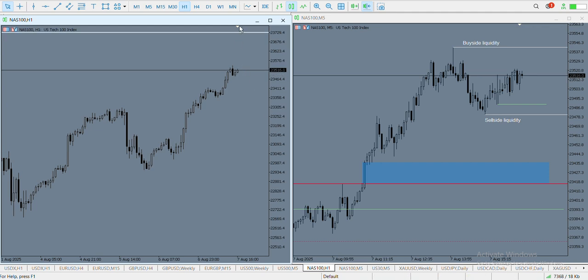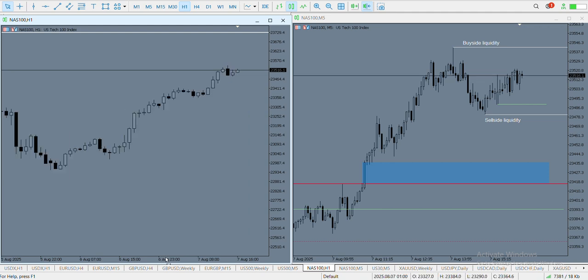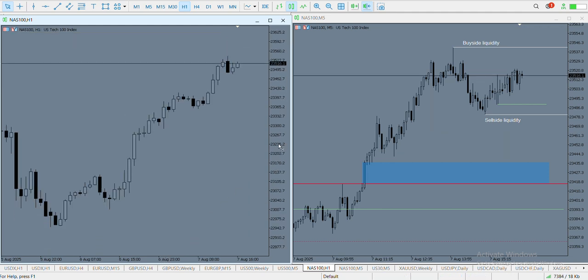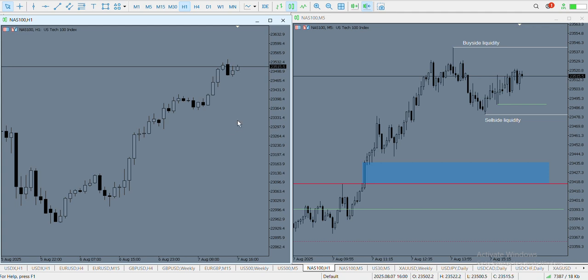So we have this buy side resting above this old high. We can anticipate price to move into that buy side. That's 23,700. That's very ideal. Very, very ideal. I was really expecting price to start moving lower after we formed this 1 hour swing high, but it's really not interested to move lower.